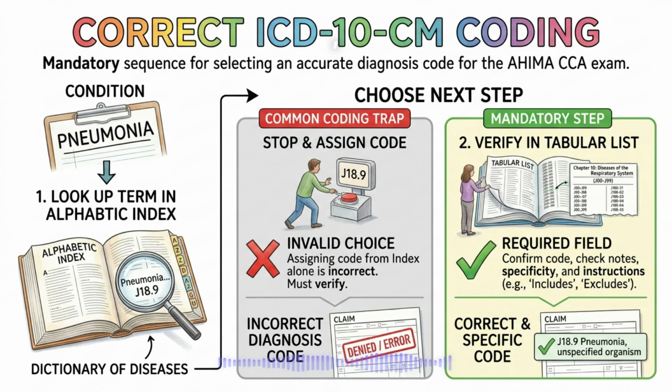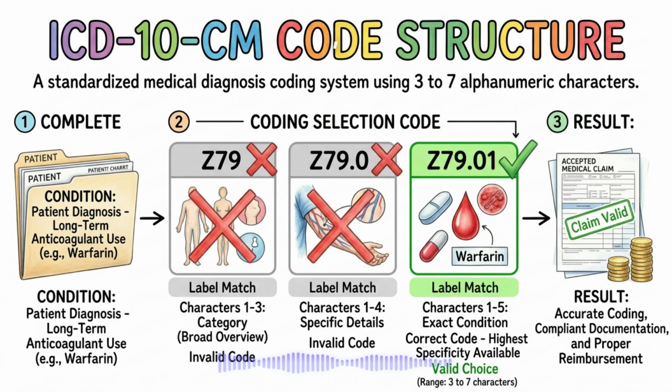You should never assign a code based on the alphabetic index alone, as this is a common trap that leads to incorrect coding. Let us look closer at the structure of an actual ICD-10-CM diagnosis code. These codes can be anywhere from 3 to 7 characters long, starting with a letter followed by numbers or sometimes other letters.